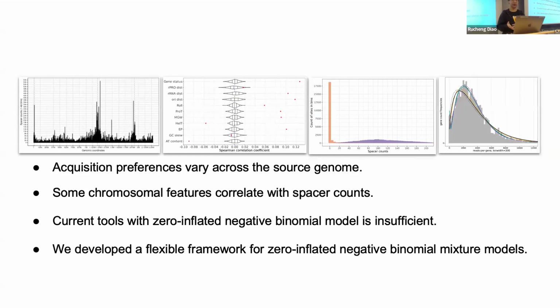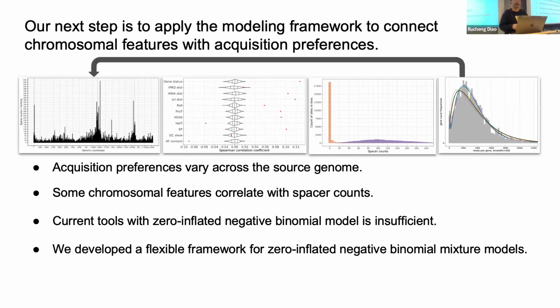And we developed our own tool for a flexible zero-inflated negative binomial mixture model. So going back to where we started, our next step is definitely to apply the modeling framework to where the question all started, the spacer counts and the genomic features.